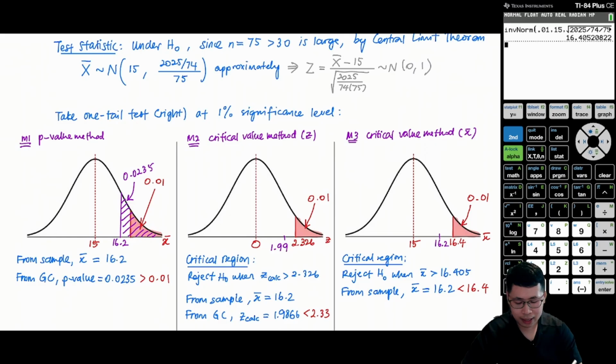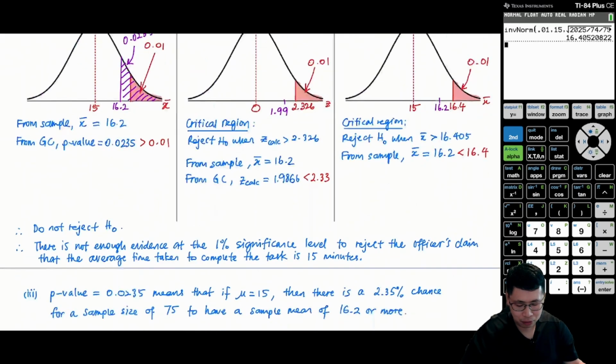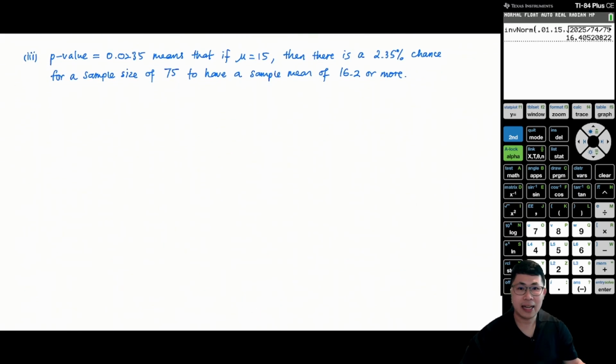So we are willing to accept a 1% chance of error that the sample mean is actually over here. We should frame this 1% significance level in terms of the decision making process, so I will write it out and phrase it as such.